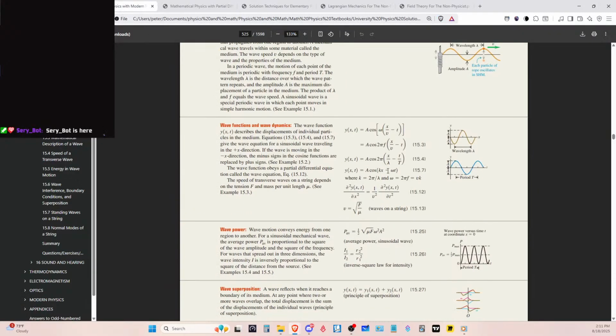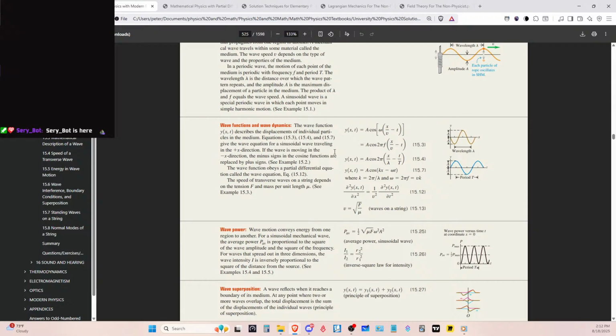Let's see, your wave function y of x, t describes the displacement of individual particles in the medium. This equation describes a wave in the positive x direction.